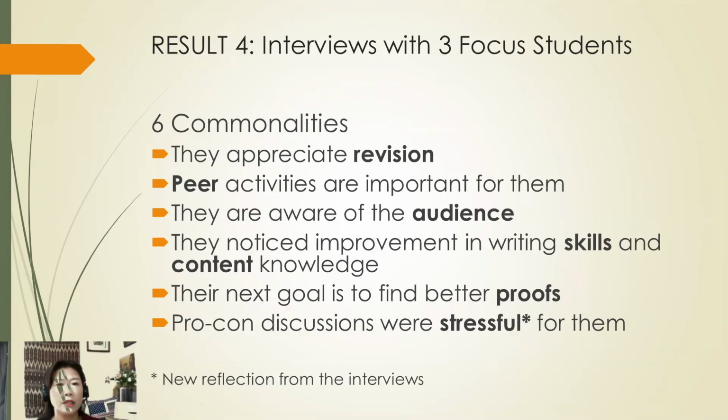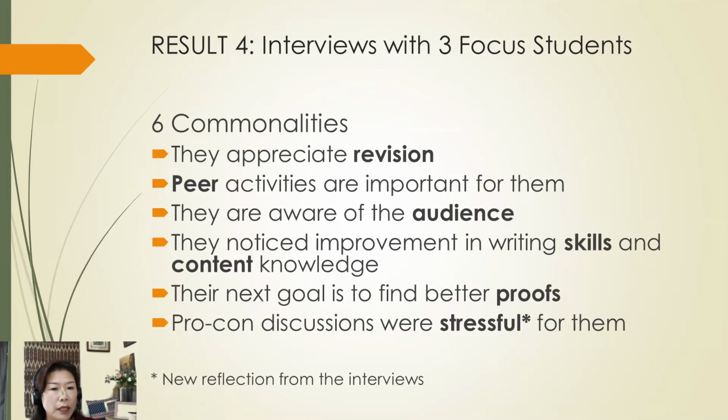From the interviews, I found 6 commonalities among them. They all appreciated revision. Peer activities were important for them. They were aware of the audience. They noticed improvements in both writing skills and content knowledge, and their next goal was to find better proofs.